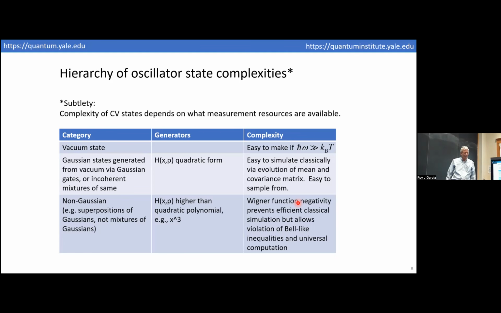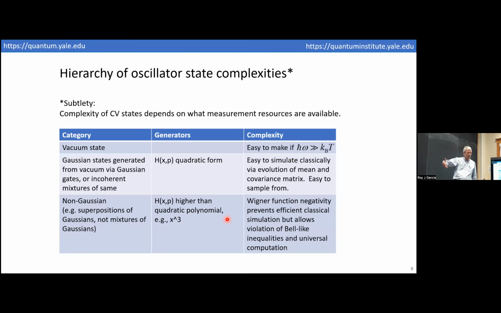They're easy to sample from. And then there are non-Gaussian states, which could be, for example, superpositions of Gaussian states, but not mixtures. Mixtures of Gaussian states are Gaussian. Superpositions can be made by Hamiltonians that are higher than quadratic, like if you have an x cubed term in your control toolbox.